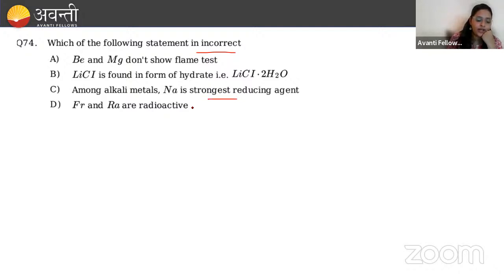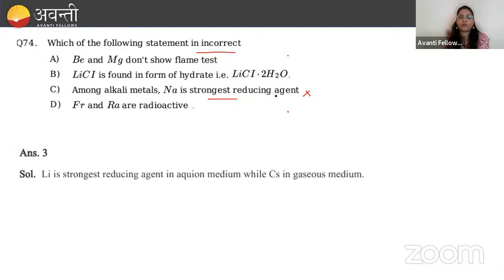So these 3 are correct. The sodium statement is incorrect because lithium is the strongest reducing agent. Sodium is not the strongest reducing agent. So option 3 is the correct answer because that is the incorrect statement. Lithium is the strongest reducing agent in aqueous medium, while cesium is the strongest reducing agent in gaseous medium.